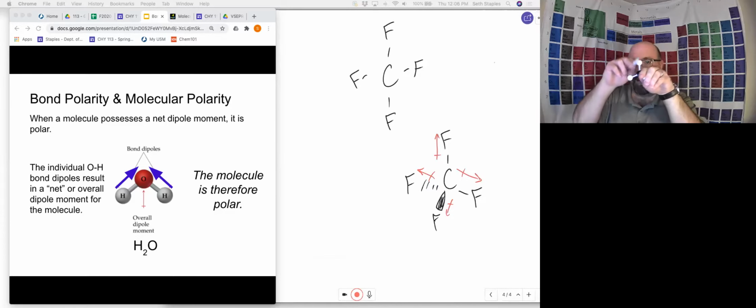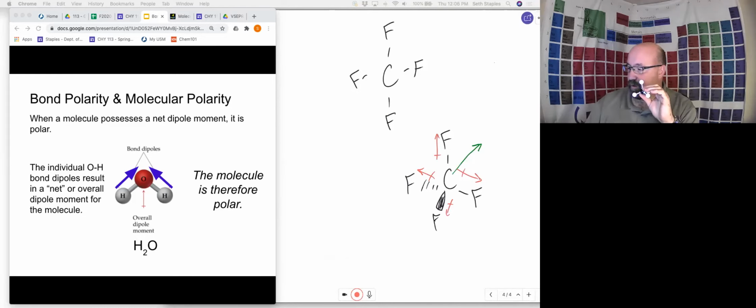I'm looking now at this bond dipole and this bond dipole. The overall effect of the two of those is going to be to pull in this direction. Now let's look at the overall effect of the two of these. The two of these are going to pull in this direction here.